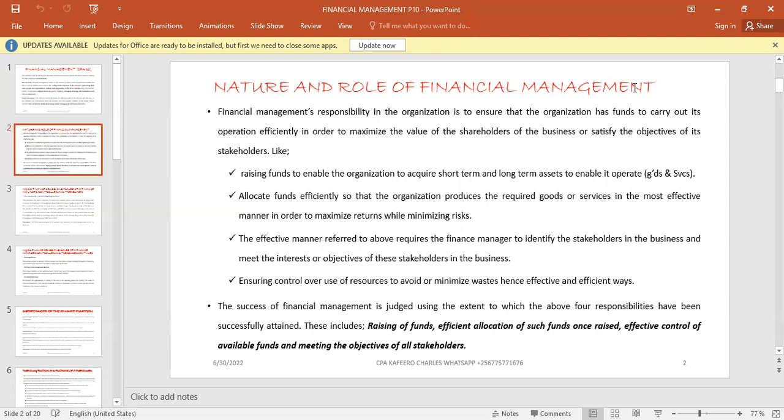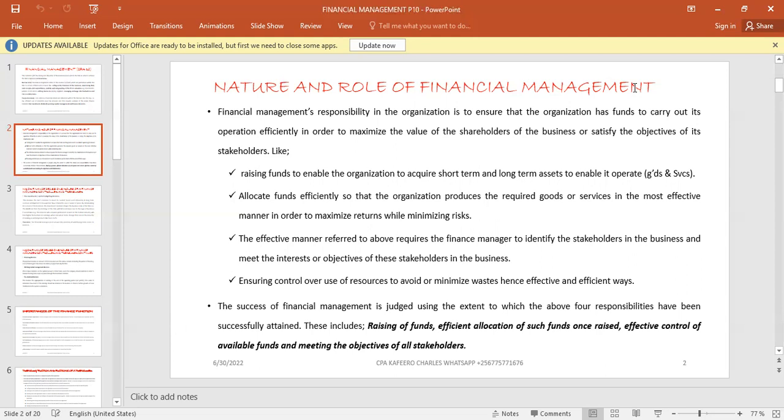So we are raising the amount, and we make sure we enable the organization to acquire the necessary equipment or machines that can operate and produce the goods and services that can be given out to the customers, and we try to maximize the profits. The other one is to allocate the funds.